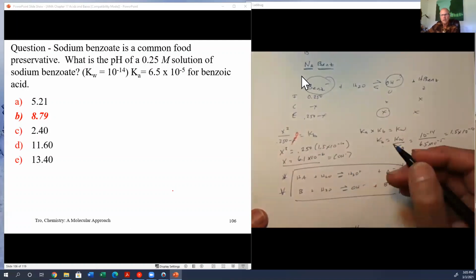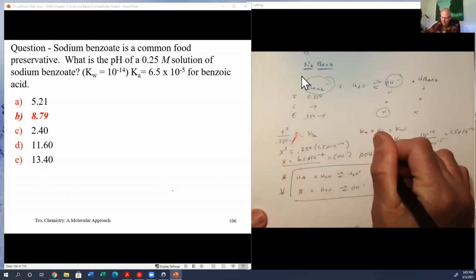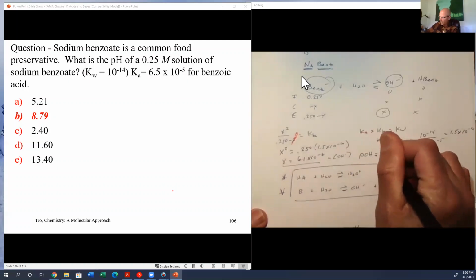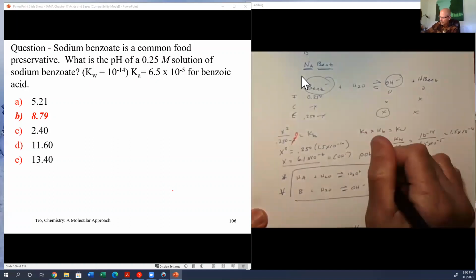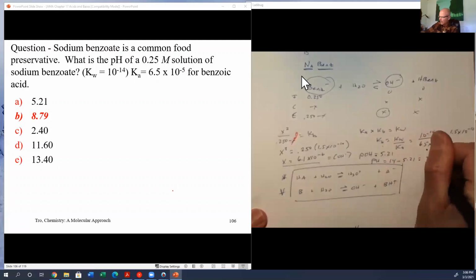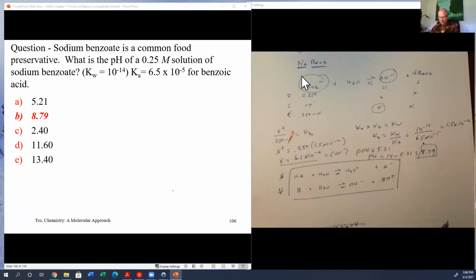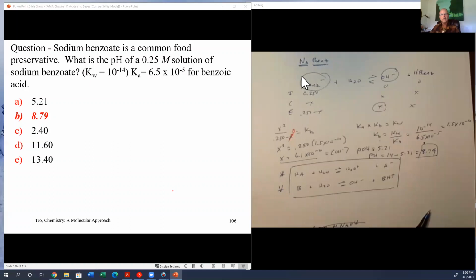If I take minus the log of that, that gives me pOH. So pOH comes out to be 5.21. And so pH is equal to 14 minus 5.21, which is equal to 8.79. Okay. Good job, guys. Nice. All right. Any questions on that?